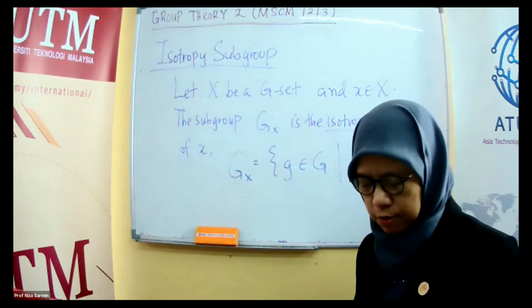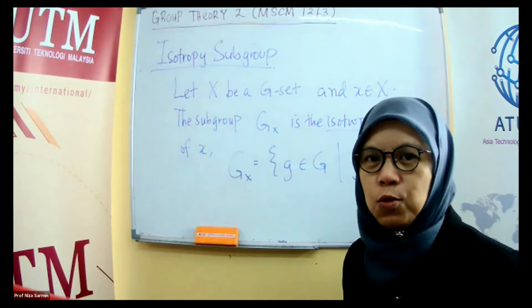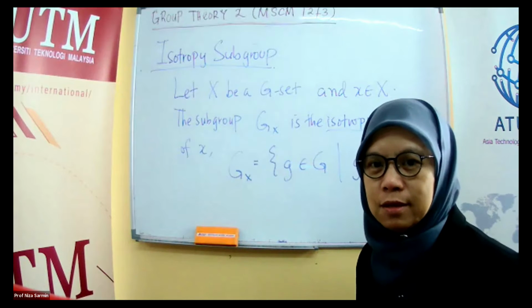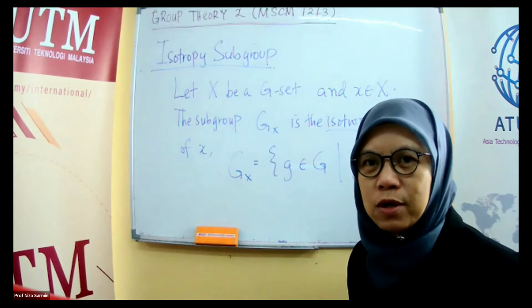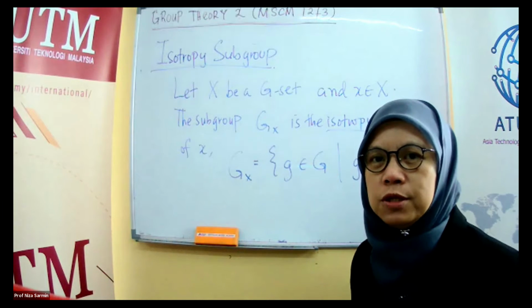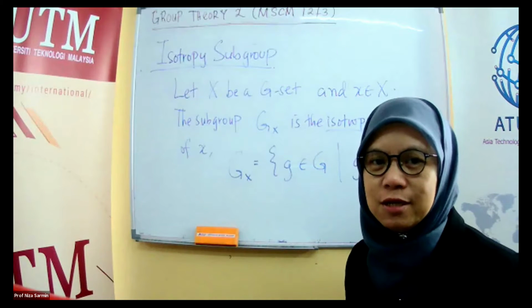We have seen this before in permutation group, right? In which, you remember, we have orbit, and what is another one? Orbit and stabilizer. Remember? In which you apply the permutation, it does not change, right?